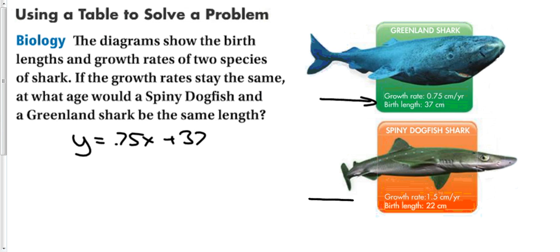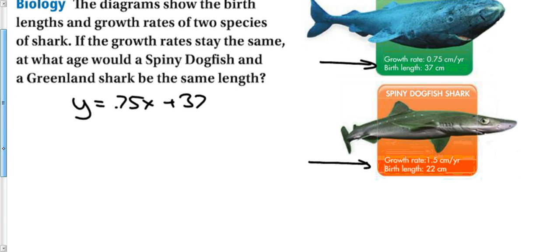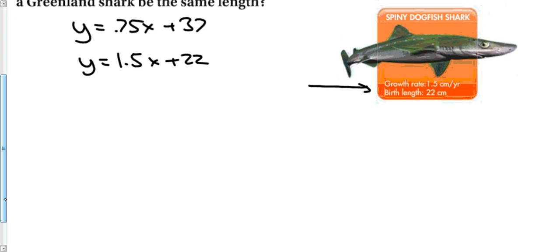And then let's use this information right there for the dogfish shark that says that y is going to be equal to 1.5x plus 22. Okay, so now I have some information. What I'm looking for when I set up a table, okay, I'm going to set my x values.